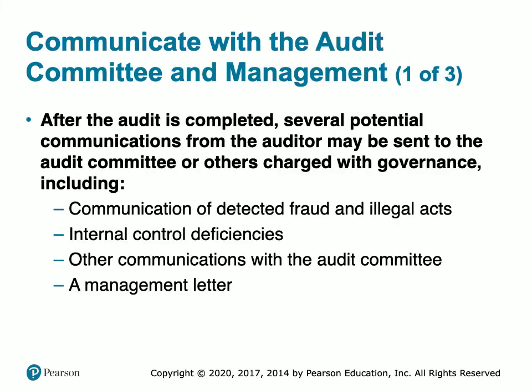And then finally, there's required communications with the audit committee and management. Those could be the management letter, like Vivian referred to, for Restoration Hardware. Obviously, internal control deficiencies are required to be communicated. If you detected either illegal acts or fraud, you must communicate it to the audit committee or management.